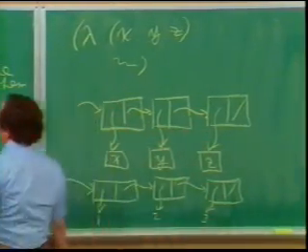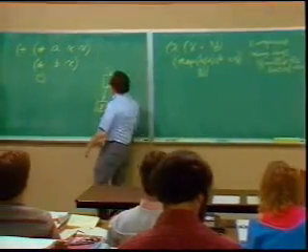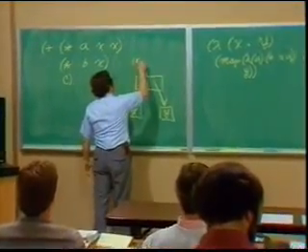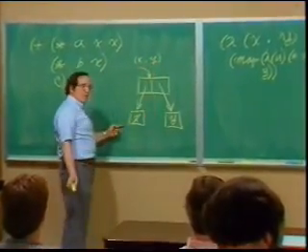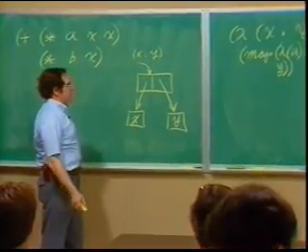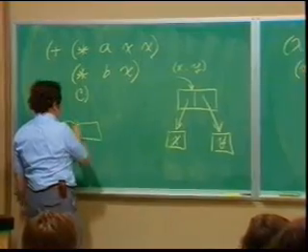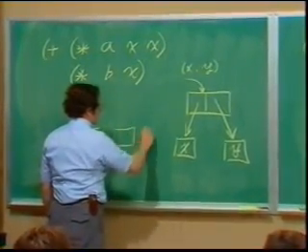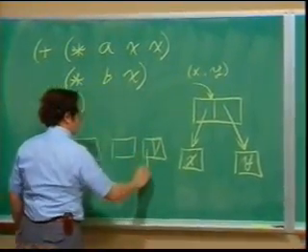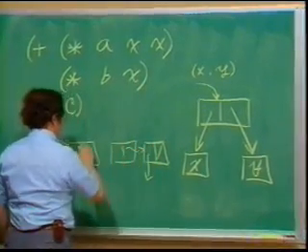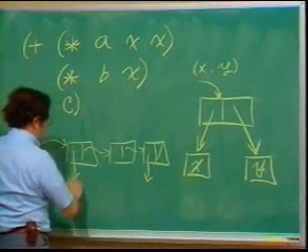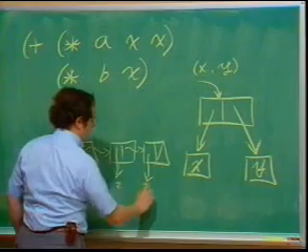But now, supposing I were to compare this, x dot y, with the list of 3 arguments 1, 2, 3. Let's look at that again. One, two, three.